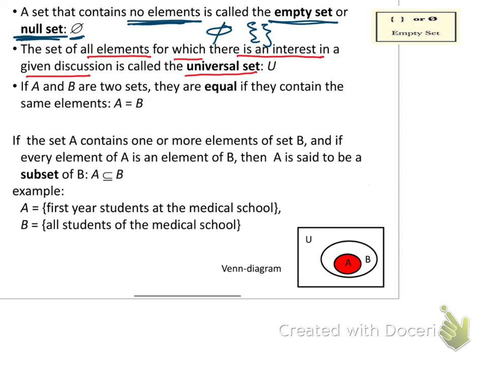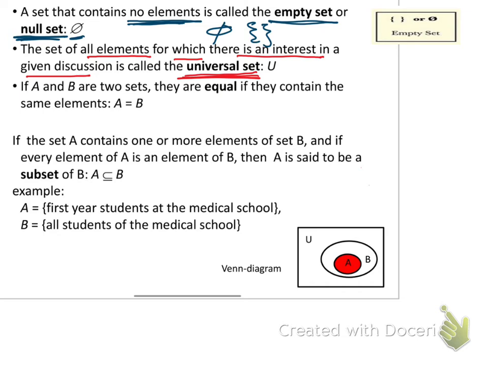So our universal set will be Debrecen University students. If I talk about the students who are studying medicine or dentistry or pharmacy, for example general medicine, this will be a subset of the university, because all the people studying general medicine are elements in the Debrecen University set of students.